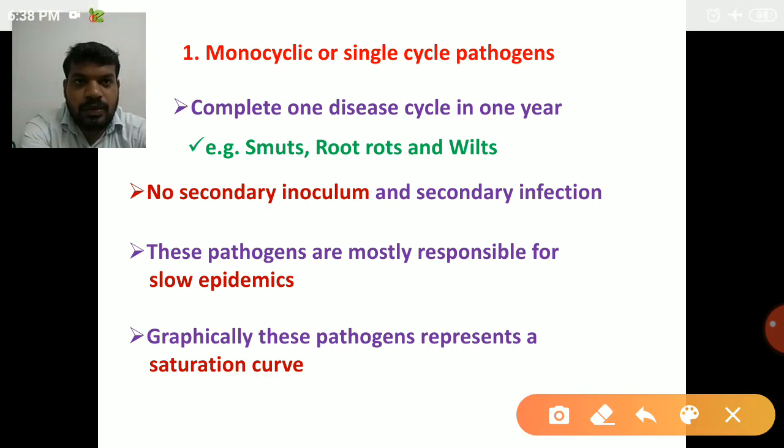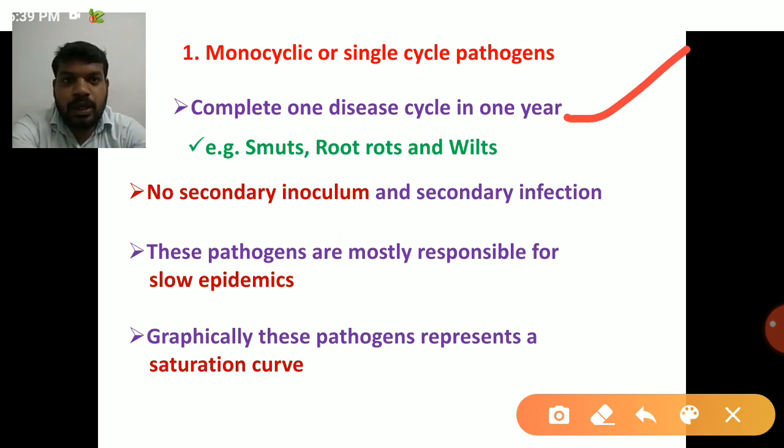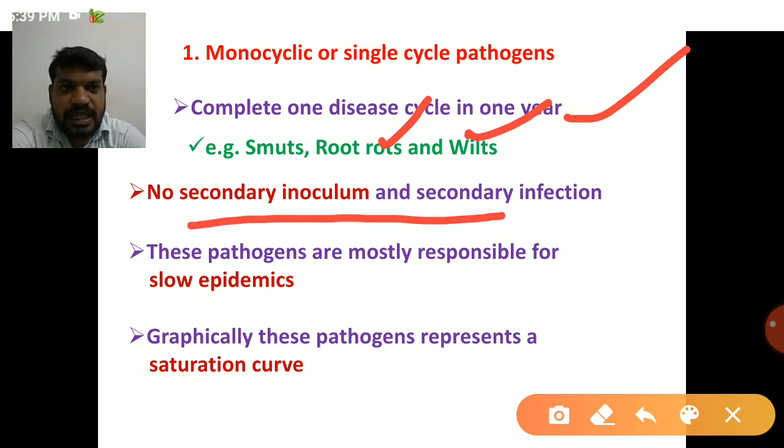So first of all, monocyclic or single cycle pathogens. These pathogens complete one disease cycle in 1 year or per season. For example, smut of sorghum or kambu, root rots of pulses and wilt diseases. So there is no secondary inoculum and secondary infection.